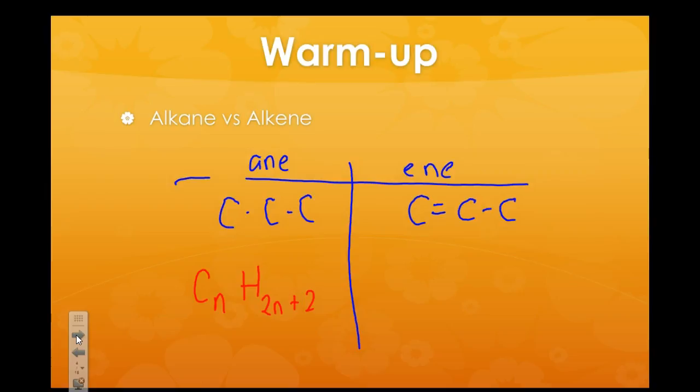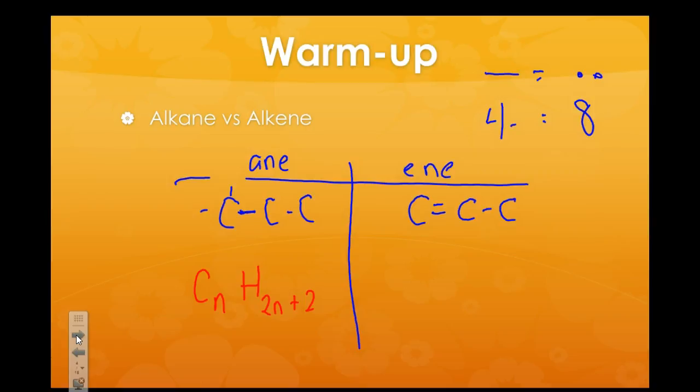Remember that each bond equals 2 electrons. The octet rule says that I need 8 electrons. Therefore, how many dashes should I have extending from every single carbon? 4. So I only have 1 dash between this carbon and the next.